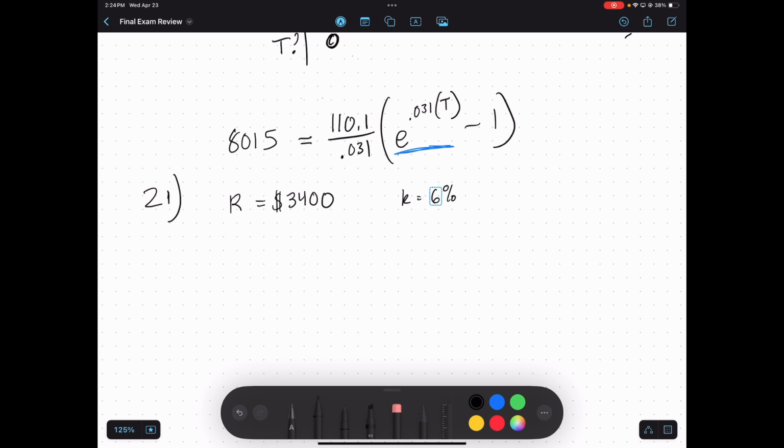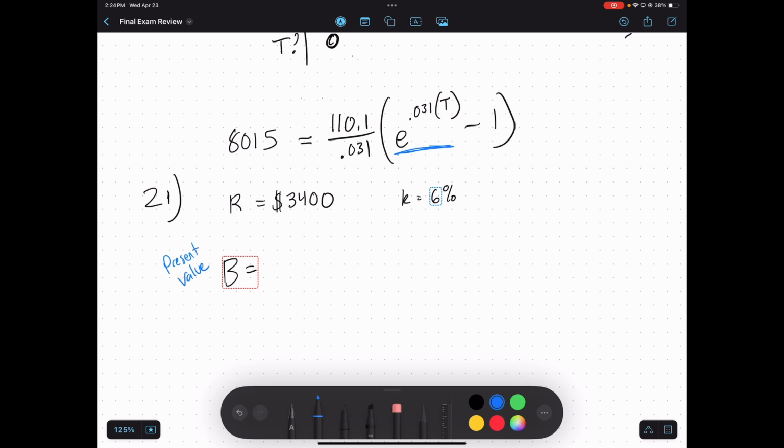Can I calculate future value? Can't calculate future value. Not if there's no set endpoint, right? Because theoretically, then your future value is an infinite amount of money. So I can't calculate future value, but I can calculate present value, which is exactly what this problem is asking.